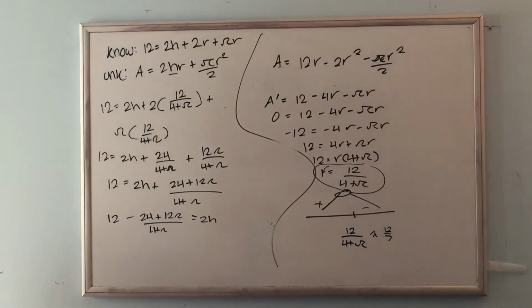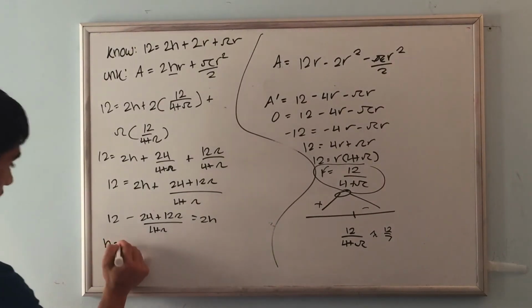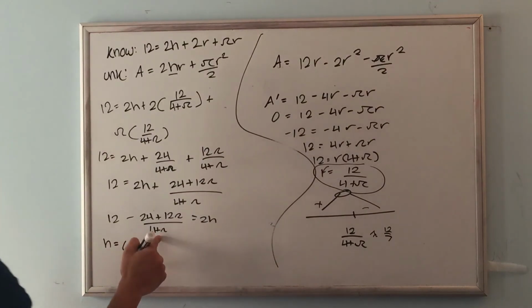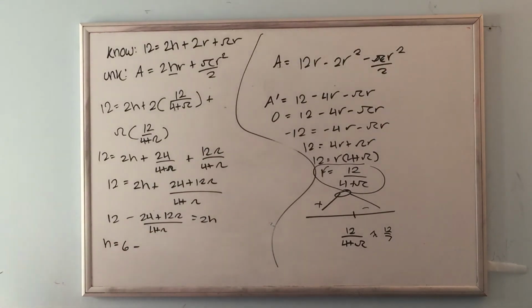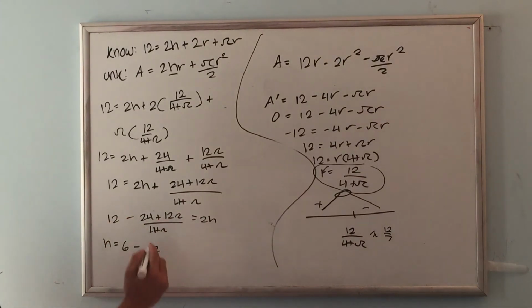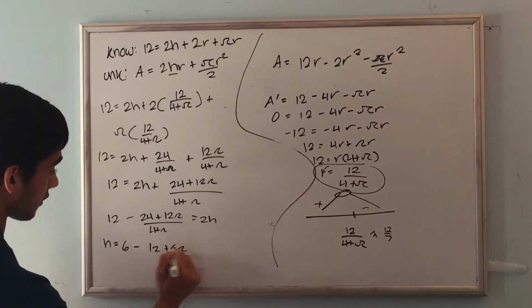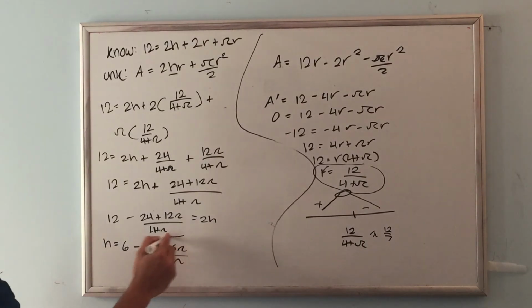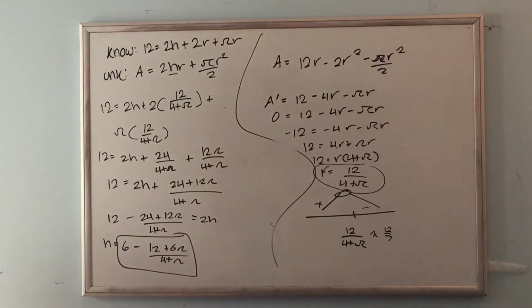Then we divide everything by 2. So h equals, 12 divided by 2 is 6, minus this entire thing divided by 2. Remember that if you're dividing by 2, this 24 will become 12, the 12 will become a 6, and the 4 plus pi will stay as it is. So the height will be equal to 6 minus 12 plus 6 pi over 4 plus pi.